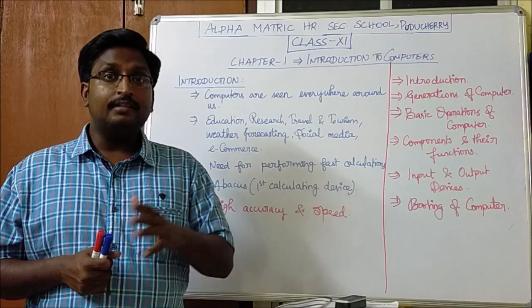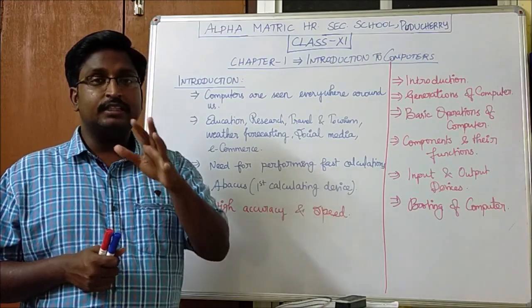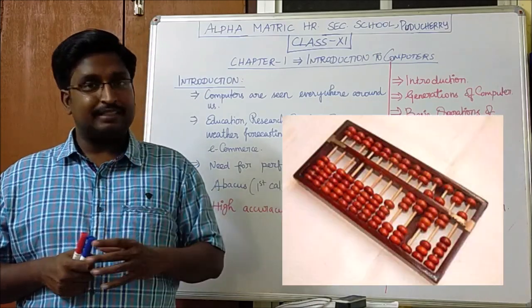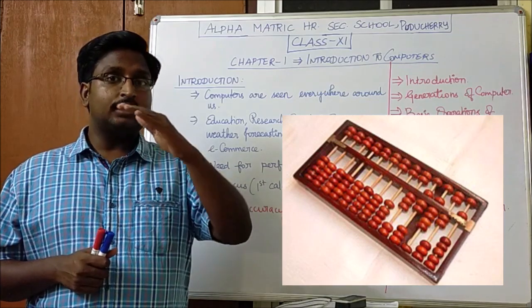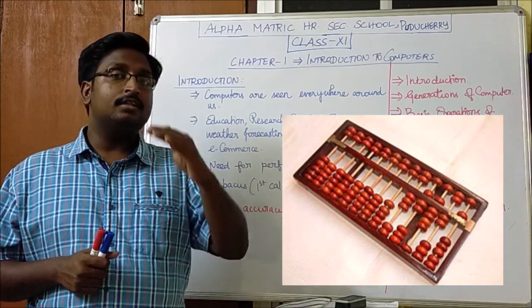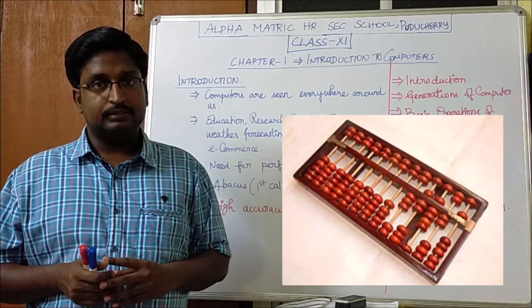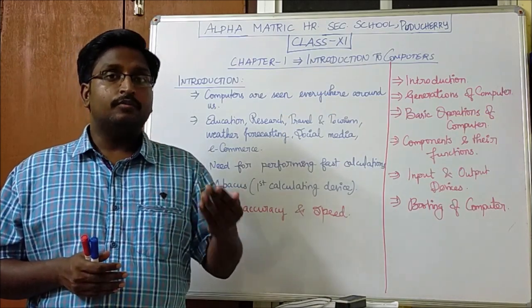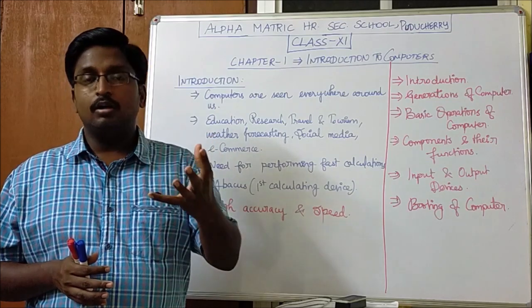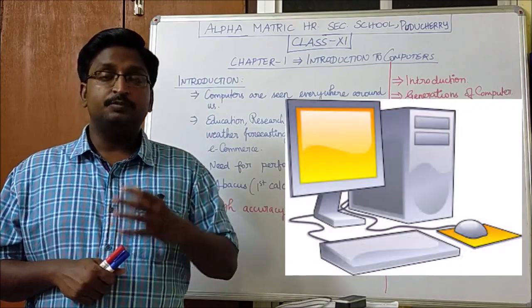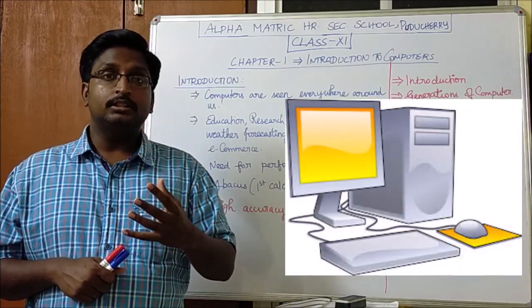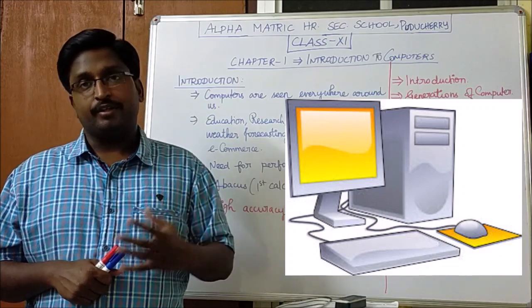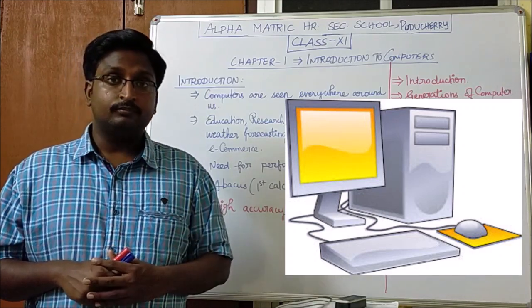To avoid these drawbacks, they thought to develop a device which performs calculation at a faster rate. Like that, they developed the first calculating device, the abacus. Having the abacus as a base, they upgraded their invention, and now we have the device called the computer, which performs calculations at a very fast rate with high accuracy.